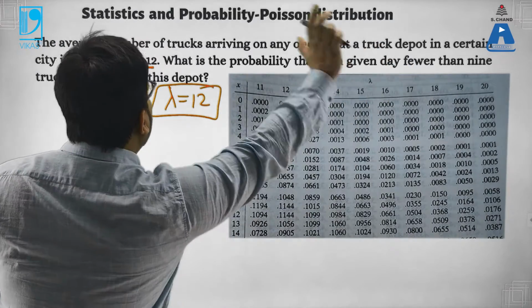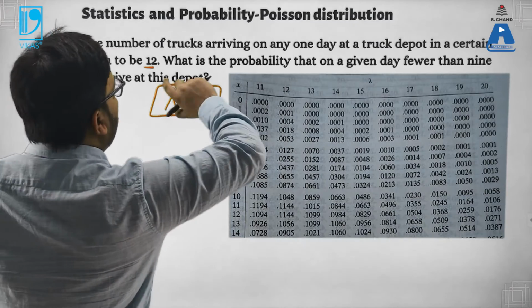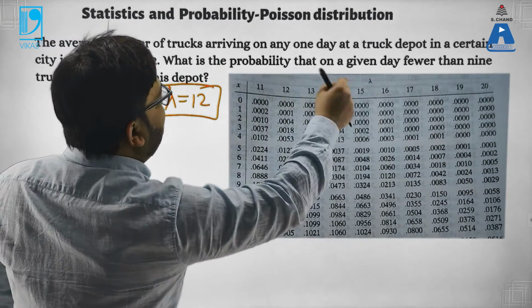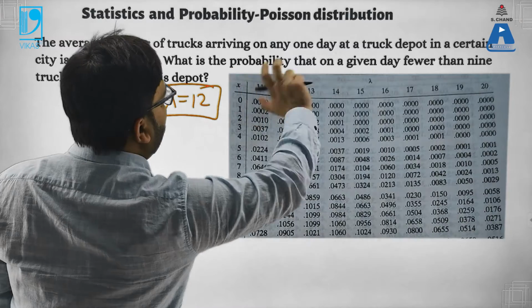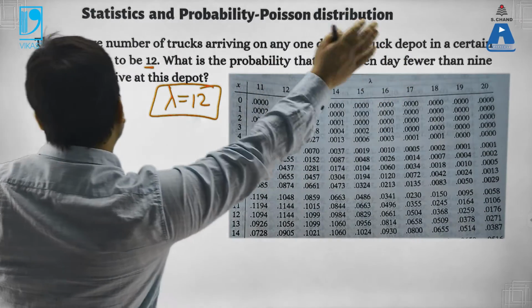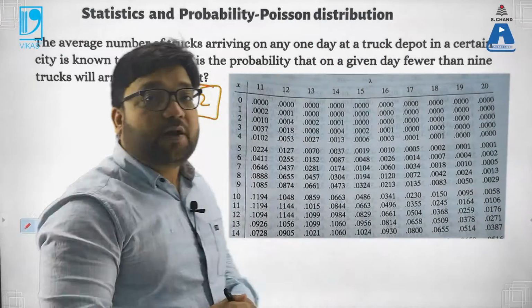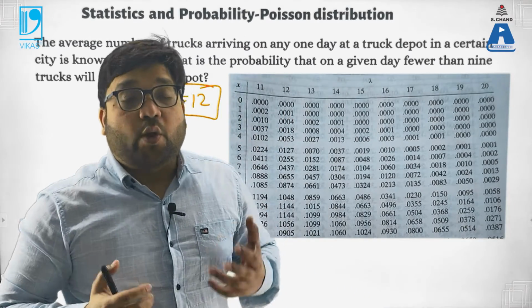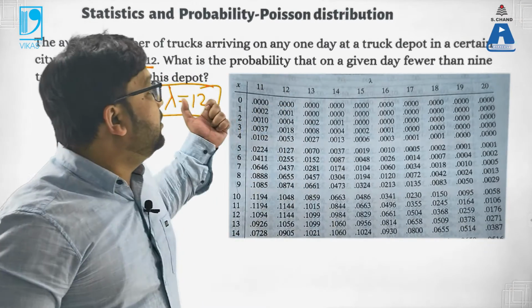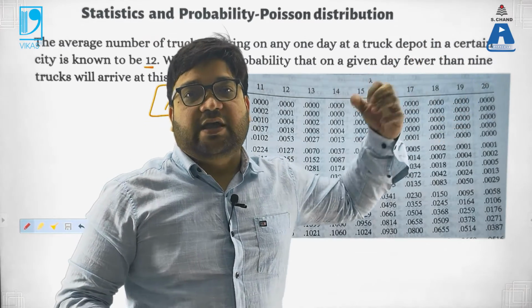On a particular day, what is the probability that you'll get fewer than 9 trucks, that less than 9 trucks will arrive in the depot?